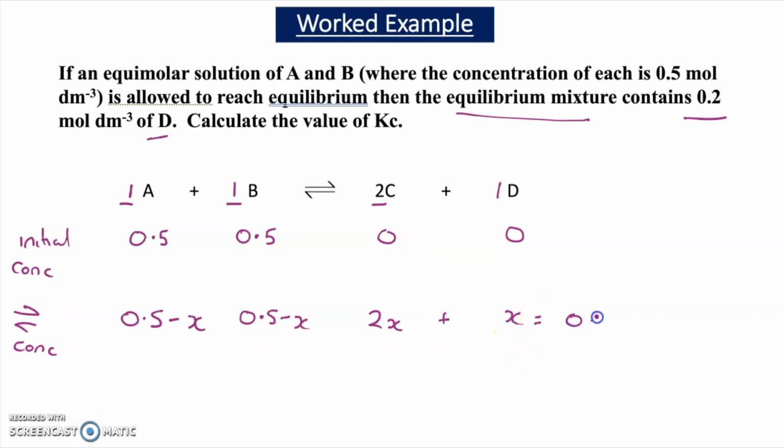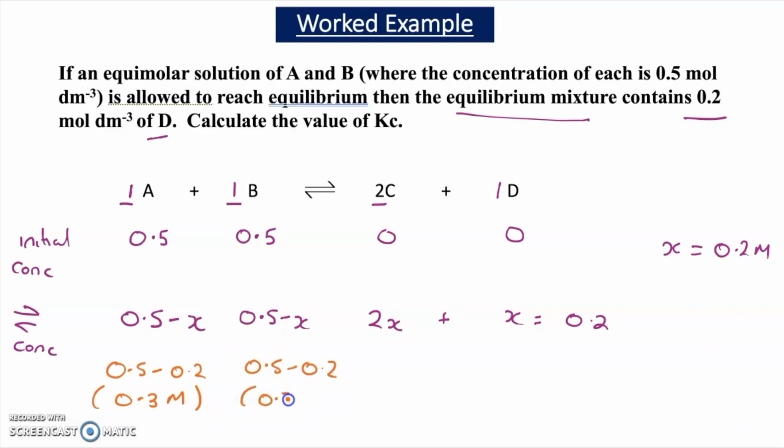They tell us in the question that there's 0.2 moles per decimeter cubed of D at equilibrium. We've used x to represent the concentration of D at equilibrium, so I can conclude that x is equal to 0.2. Now all I have to do is work out the concentrations of A, B and C using x equals 0.2.